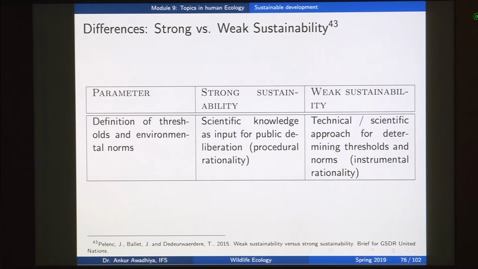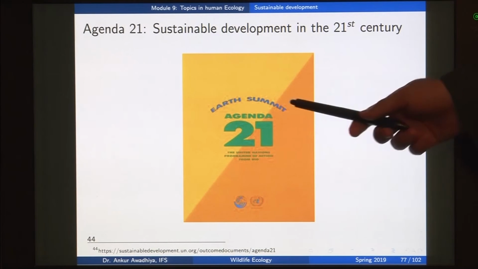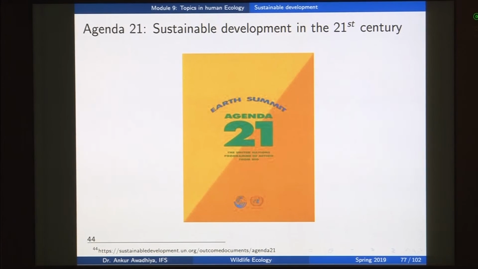After these deliberations, we came up with Agenda 21. Agenda 21 came up at the Rio Summit, or Earth Summit, in 1992, and in this document the world community agreed that there are certain sectors in which we need to work, and we need to create situations in which we are able to conserve resources.